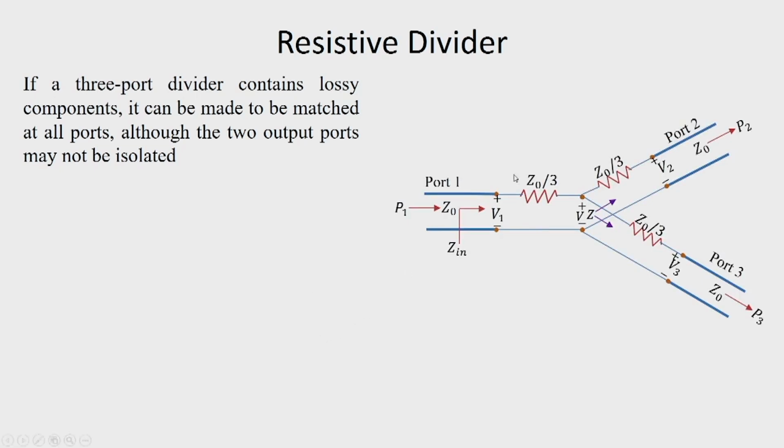So, here we have 3 transmission line sections, each of characteristic impedance Z0, and they are connected in the form of a T, and also at the junction we have 3 resistances having values Z0 by 3 each.